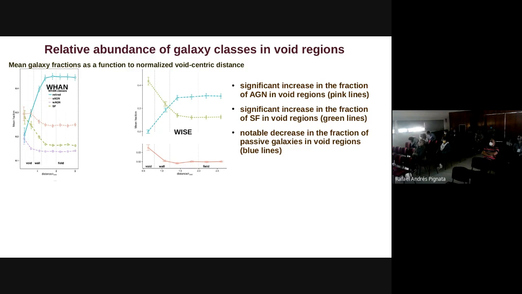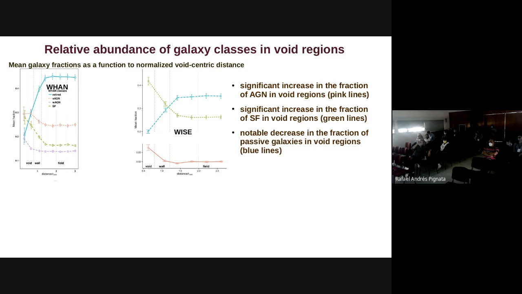To see this in more detail, we also analyzed the galaxy fractions of the different galaxy classes as a function of the distance to the void. These are only for WHAN and WISE galaxies. In pink lines, for both figures, we can see the fraction of AGN galaxies as a function of the distance. To the left, we show the void regions in both figures.